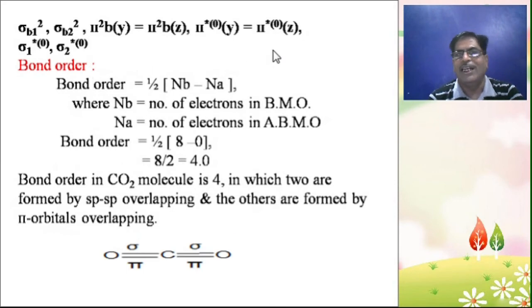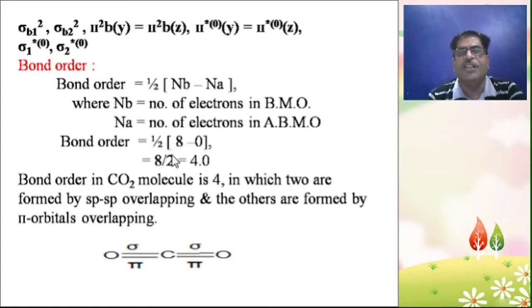So here is the molecular electronic configuration of the CO2 molecule, from which we can calculate the bond order: sigma bonding orbitals, then pi bonding orbitals, and a vacant orbital. What is the bond order of the CO2 molecule? Bond order is equal to 1/2 of Nb minus Na, where Nb is the number of electrons in BMO and Na is the number of electrons in ABMO.